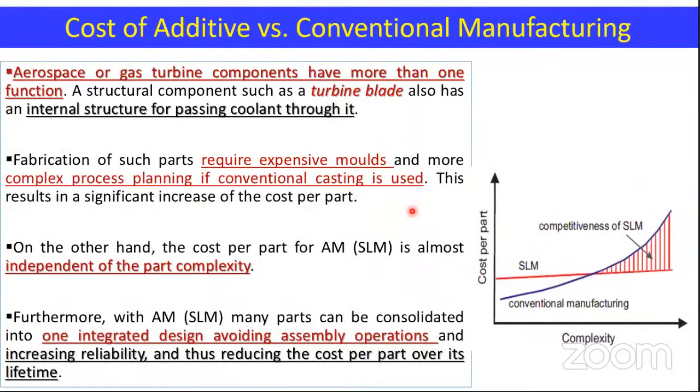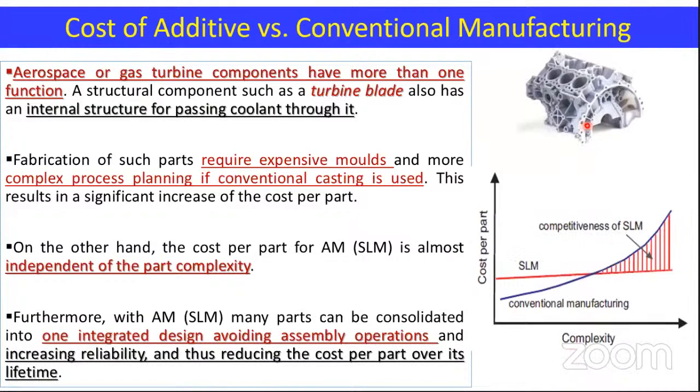Now, looking again at the cost comparison from the viewpoint of the complexity of the part that we need to manufacture. For example, this is an engine block, which could be used in the automotive sector, where the shape and the dimensional accuracy that we need to obtain would be quite complex compared to the simple geometry that we manufacture through the conventional route.